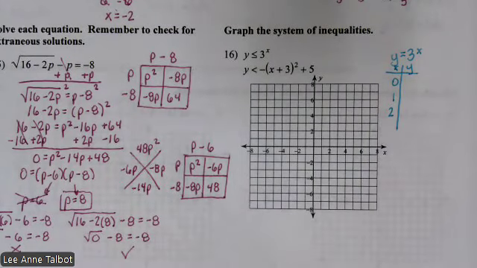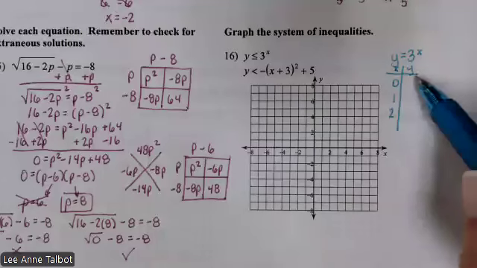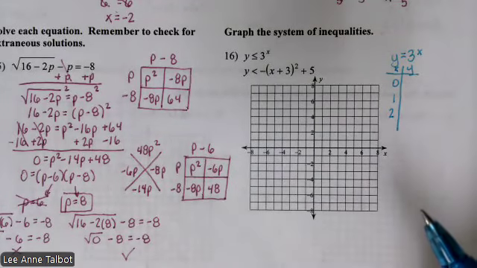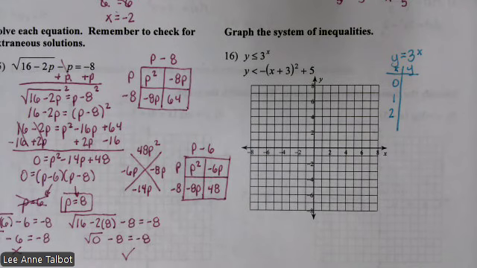Okay, I'm just gonna pick a couple points for 3 to the x. Do you guys know what shape this should be? 3 to the x, we've worked on it all chapter. Exponential, right? So I'm just gonna find a couple points on it just to make the sketch. It doesn't have to be perfect.